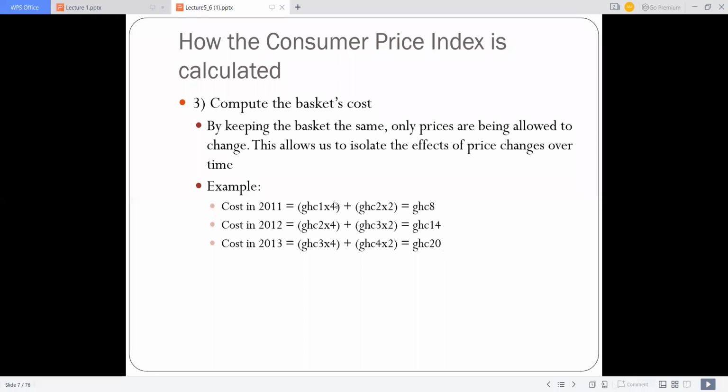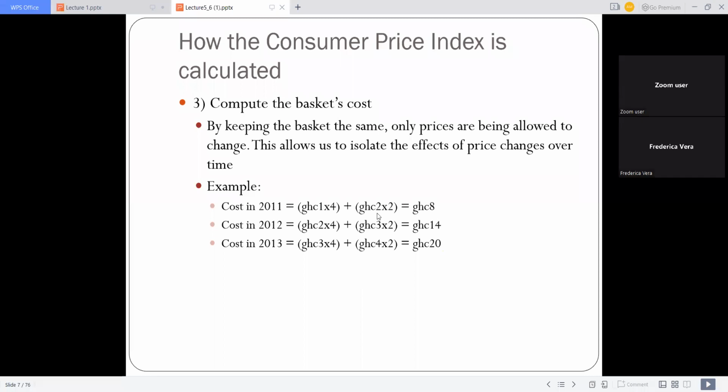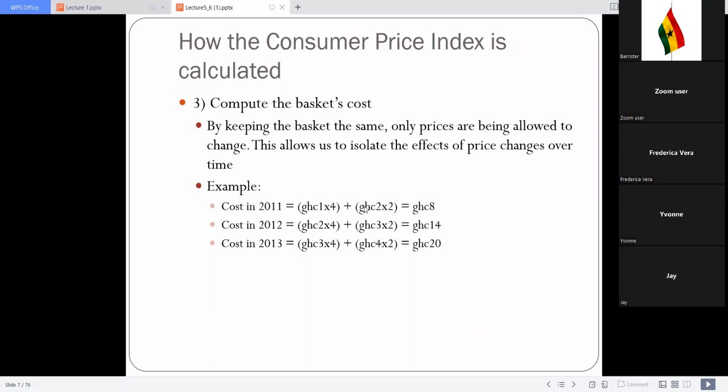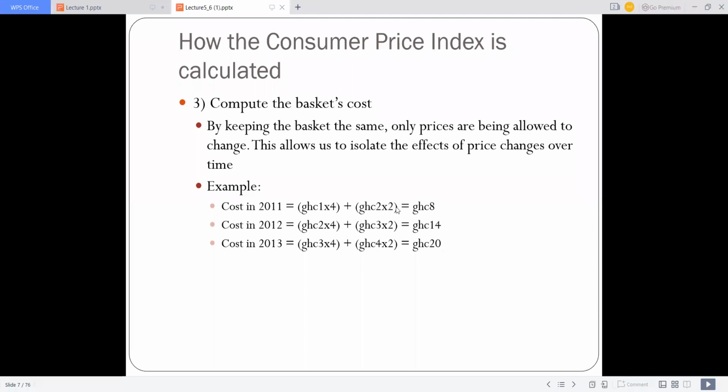We are talking about 2 products here, Kenke and fish. So we go back to the fish too. What's the price of fish? 2 cedis. And what's the quantity that was given to us? 2. When we are done, we add them. That will give us our basket cost. Our basket cost is not the price index. The basket cost will help us compute the price index.